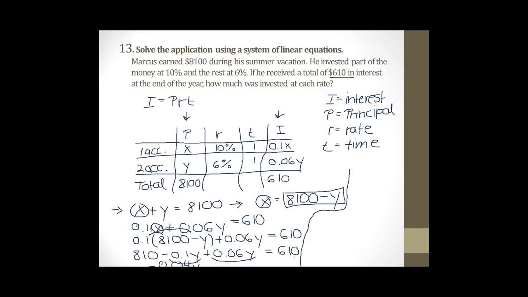And let me go over here because this is becoming kind of blurry. So I still have my 810. Then combining these two together gave me negative 0.04y, and that is equal to 610. Remember, we're solving for y, so subtract 810 from both sides. And we are left with negative 0.04y, which is equal to negative 200.